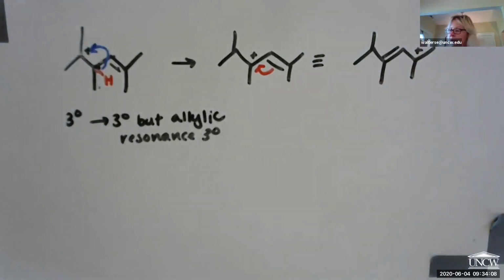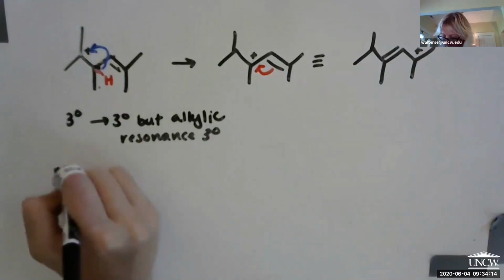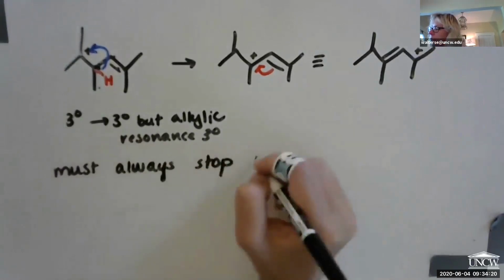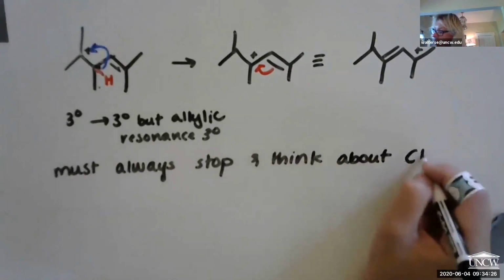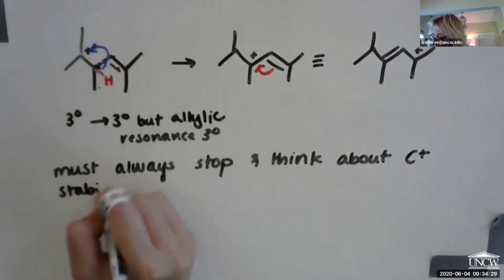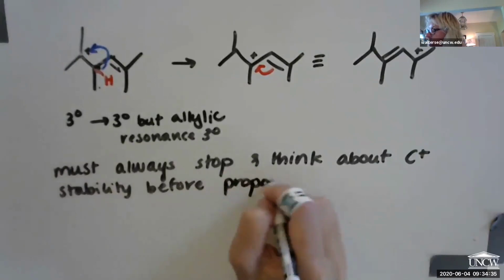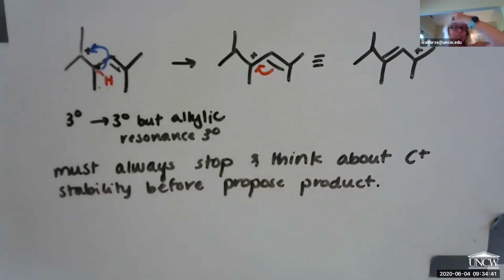Regardless of what is happening, whether the rearrangement will occur or not, you must always stop and think about your carbocation before you propose a product, because product prediction is going to start in chapter 7. Are there any questions about these 4 patterns?